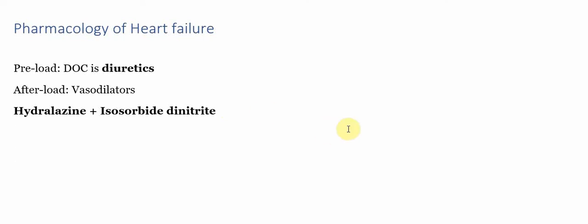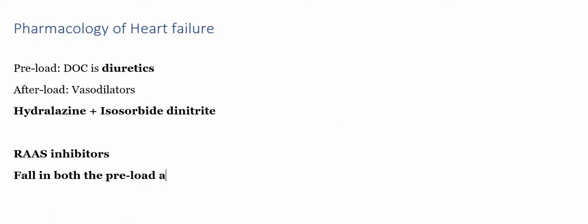We can say that the RAS inhibitors are that category of drugs which go against the neurohormonal response. And the important thing to recognize is that they cause a fall in both the preload as well as the afterload.